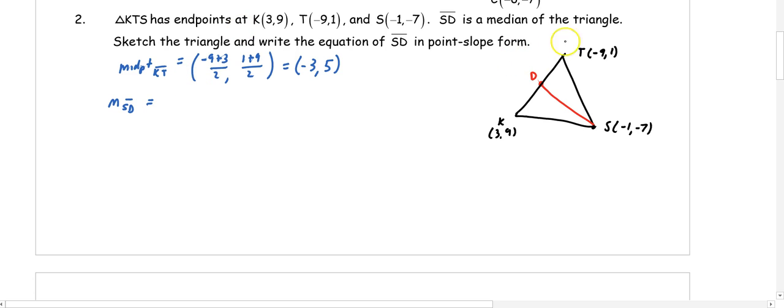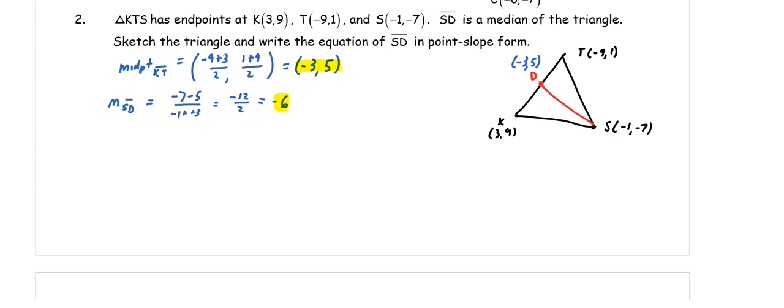So we now know that D is -3, 5. So I have y2 minus y1 over x2 minus x1. So remember, two negatives make a positive. So I get -12 over 2, which reduces to -6. So now I can use my median and my slope to write my equation in point slope form. So I have y minus 5 equals -6 times x plus 3.